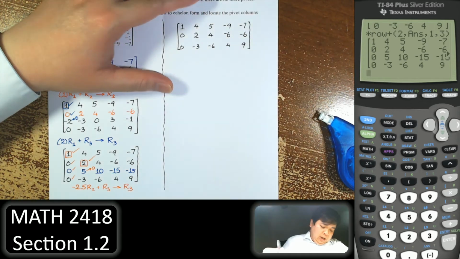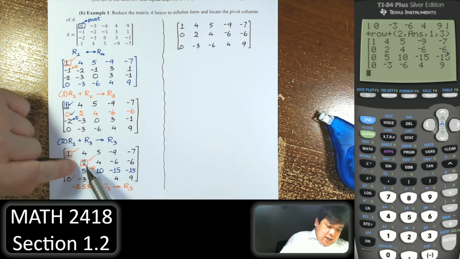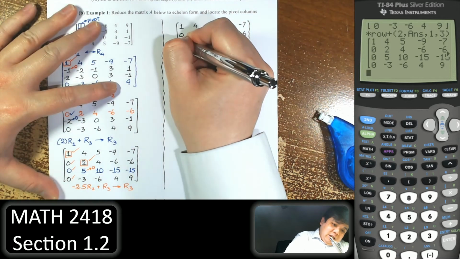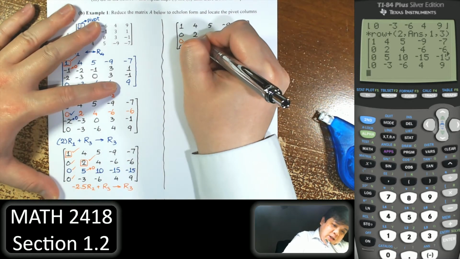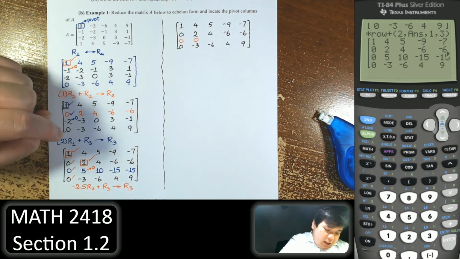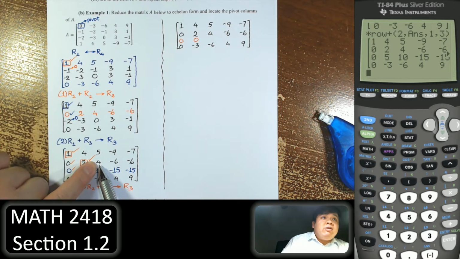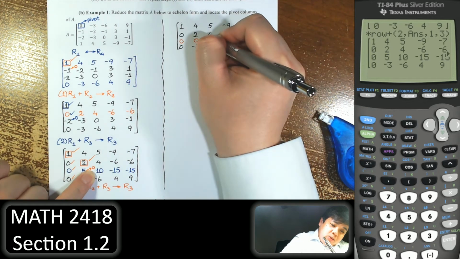Now, row 3. Negative 2.5 times 2 is negative 5, plus 5 will be 0. Of course, that we have 0 here and 0 here. Negative 2.5 times 4, that's negative 10, plus 10, that's 0 as well.